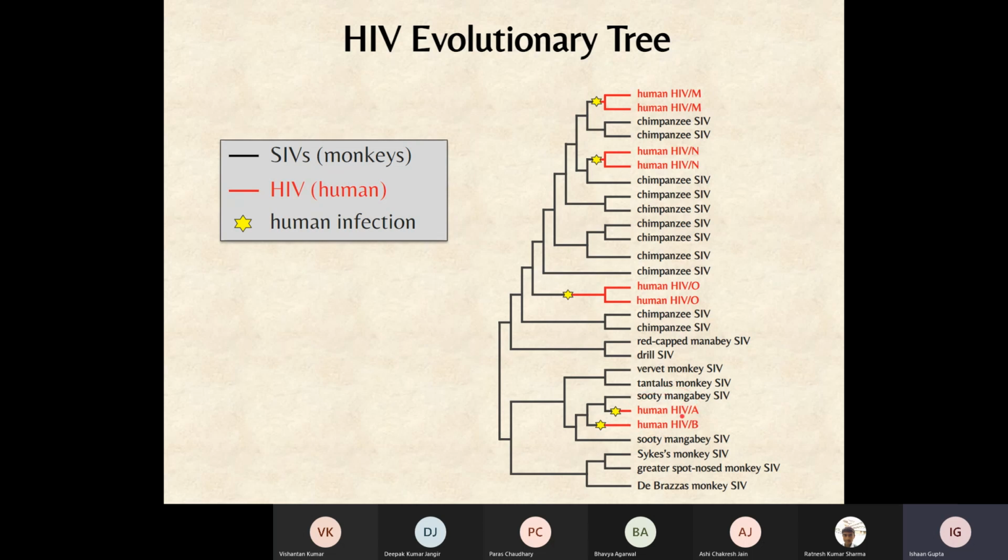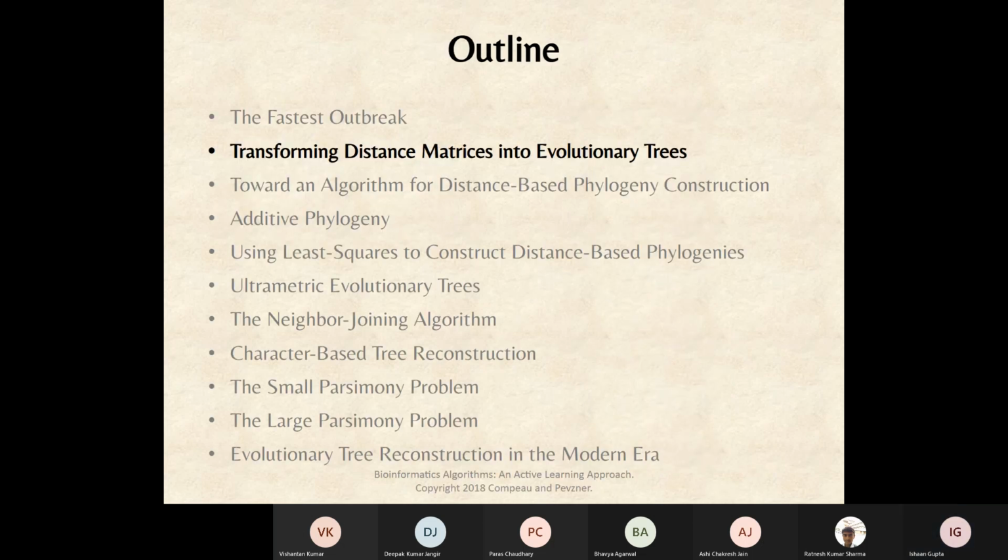HIV A and B are the most prevalent strains of HIV found in the world. And it was later found out that some tribes in Africa were eating the meat of monkeys and so on.